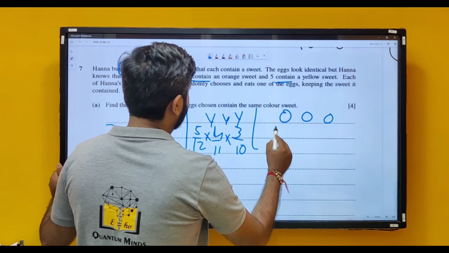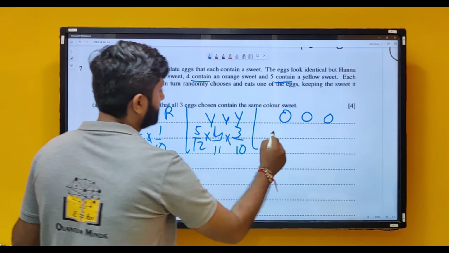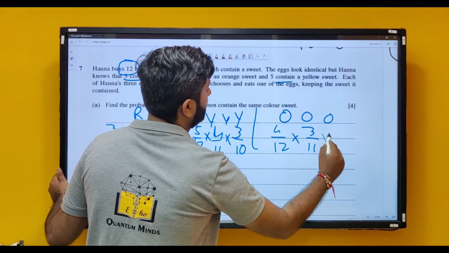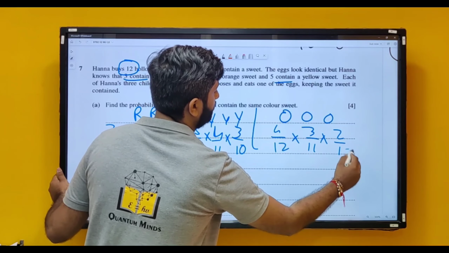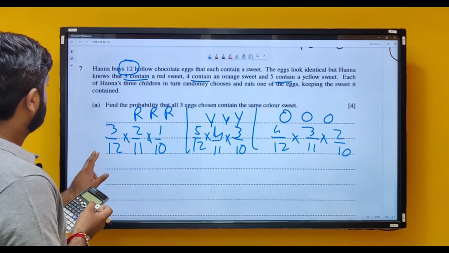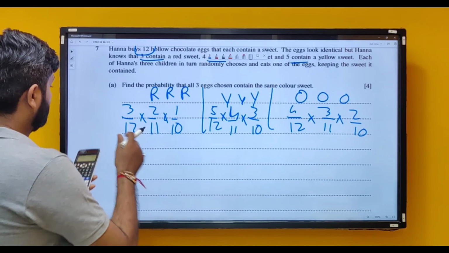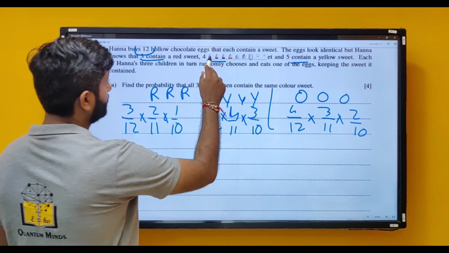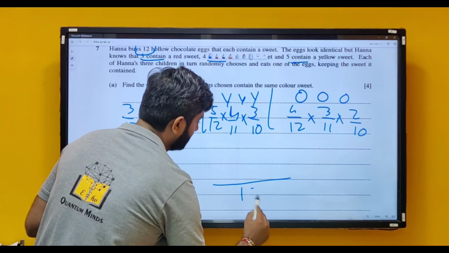The same way for orange, I have 4 sweets. So 4 by 12 into 3 by 11 into 2 by 10. Now let me find this. 12 into 11 into 10 is nothing but 1320. So the denominator is going to be 1320.